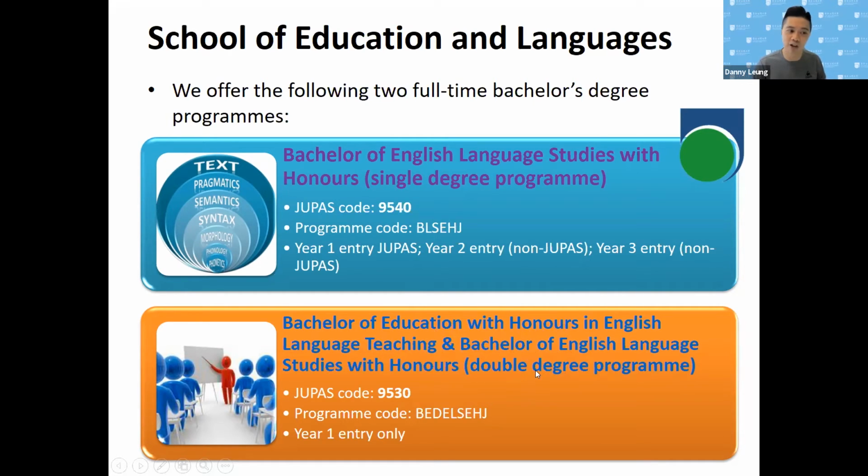Similar to the single degree, remember the JUPAS code for this double degree, which is 9530. Again, only year one entry is allowed for this program. So we're going to talk about these two English studies programs, the single degree and the double degree with education, with the teaching qualification.